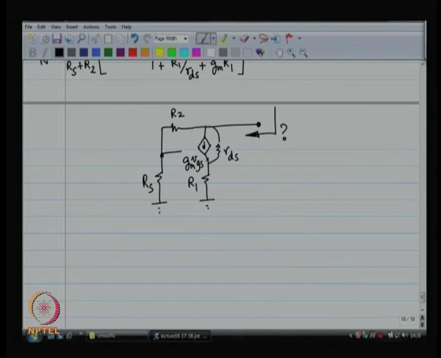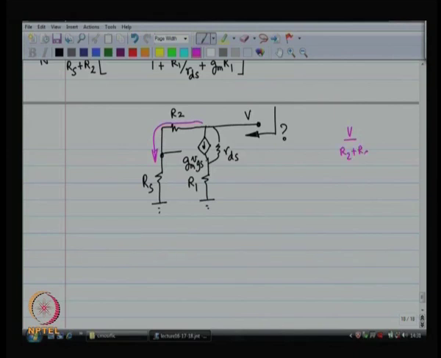So, if this is the case and you have applied a voltage V over here, you want to find out what is the current, right. So, first of all there is going to be a current through this pathway, and how much is that current? That current is V by R2 plus Rs.